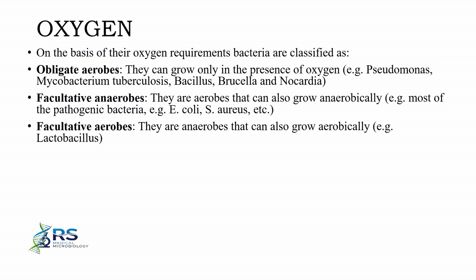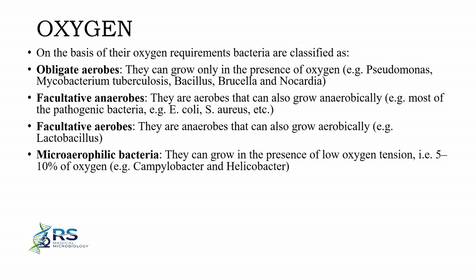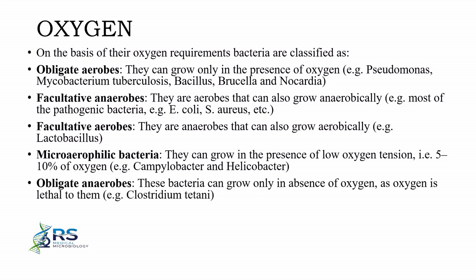Then you have the facultative aerobes, which are basically anaerobes that can tolerate and grow in an oxygen filled atmosphere. Then you have the microaerophilic bacteria, which can tolerate a little bit of oxygen and will grow well.